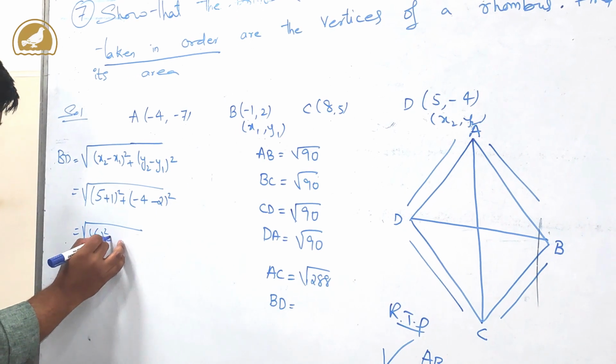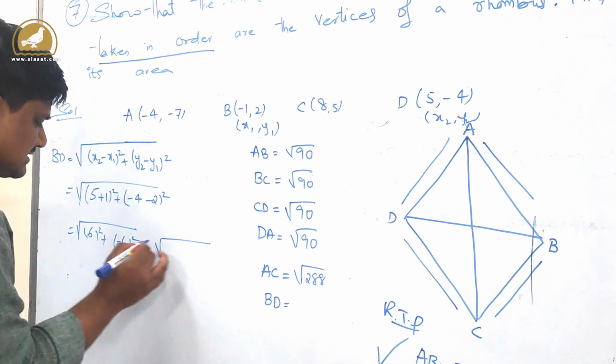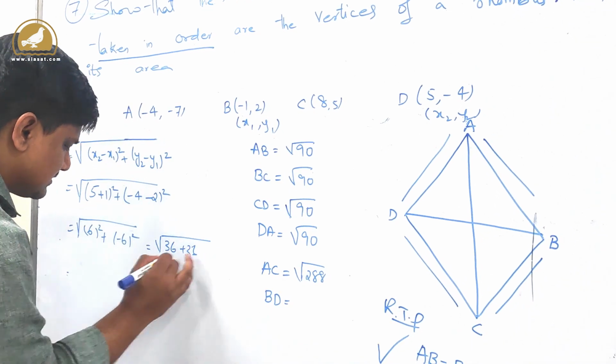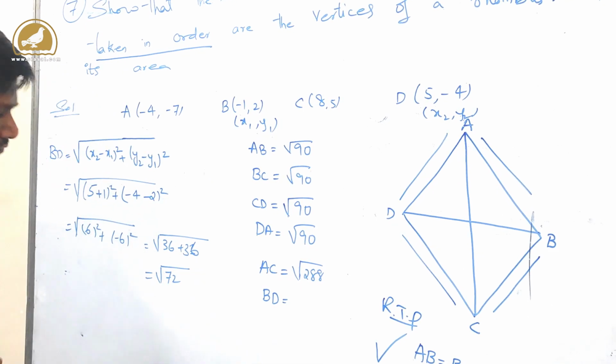So 6 square plus minus 6 square. 6 square is 36 and 36. If you add these 2, it is root 72.